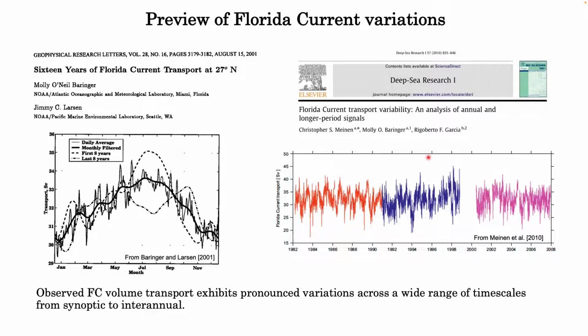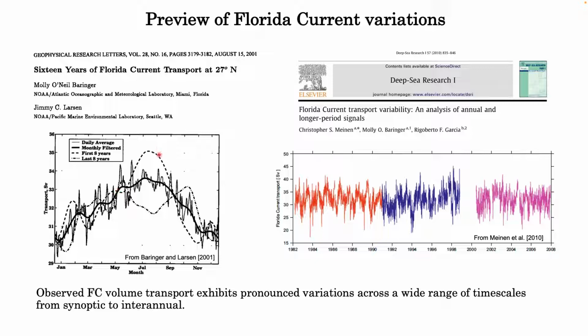Many things about this Florida Current we have learned from the observations, and many excellent papers have been published, and I'll mention a few of them. A very nice one is from Baringer and Larsen back in 2001. It shows the complexity of the Florida Current transport based on a 16-year-long transport estimate from the cable.